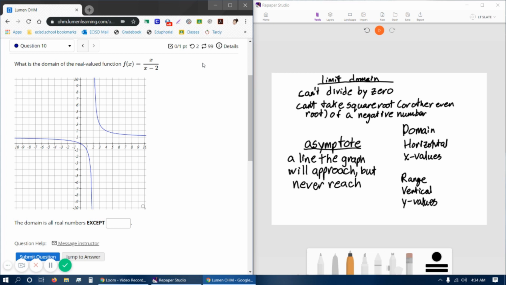This means that the graph will approach but never equal the point where x would cause the function to divide by 0. I can see that the graph splits when x equals 2. This is because the variable in the denominator has created what's called an asymptote at x equals 2. An asymptote is a line that the graph will approach but never reach. This means that the domain is all real numbers except 2.